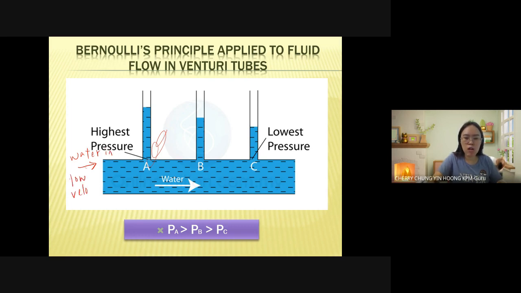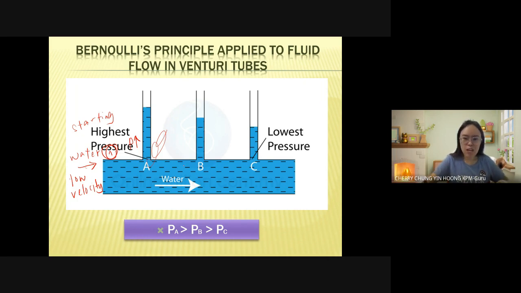The water or the air always flow at low velocity. 刚开始的地方，starting point 一定是 low velocity。Okay, low velocity. So because this one low velocity, this part will have a higher pressure, followed by this, and the lowest pressure will be at the part C because it will be at the last part there.